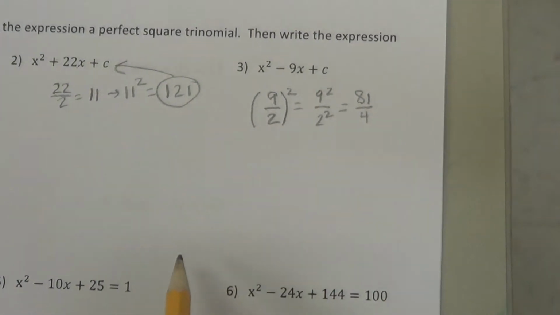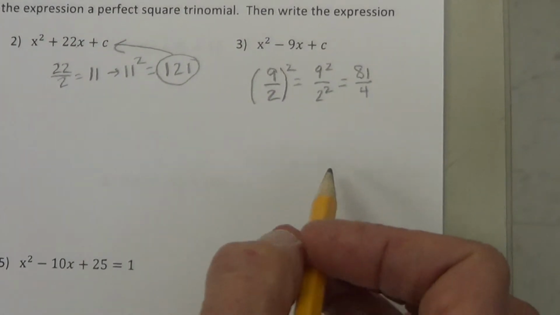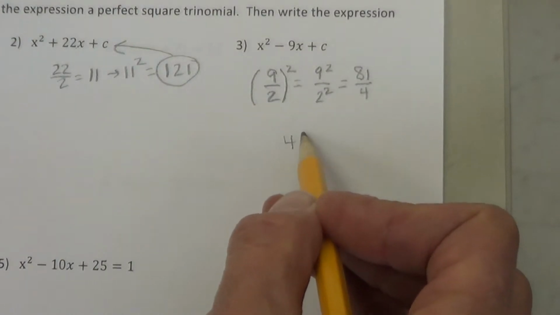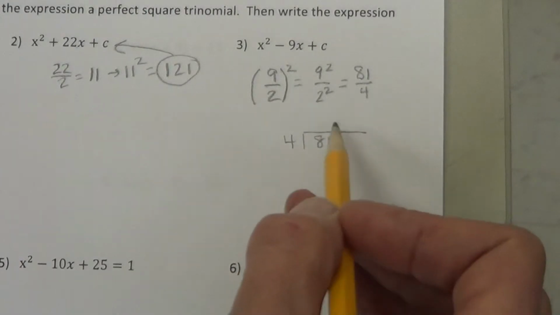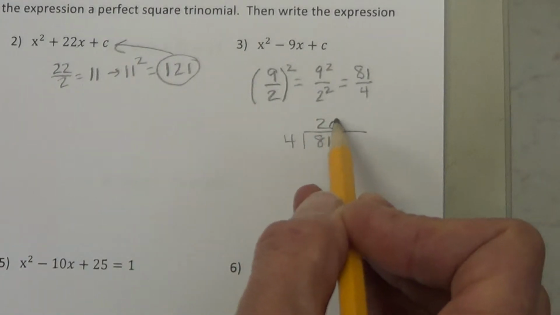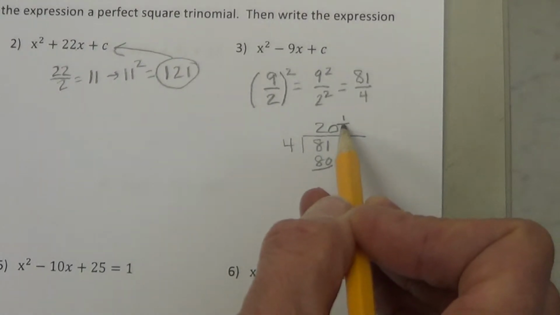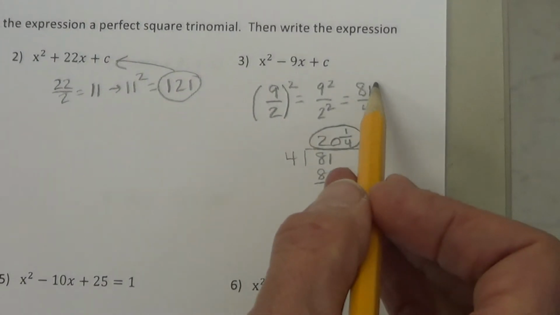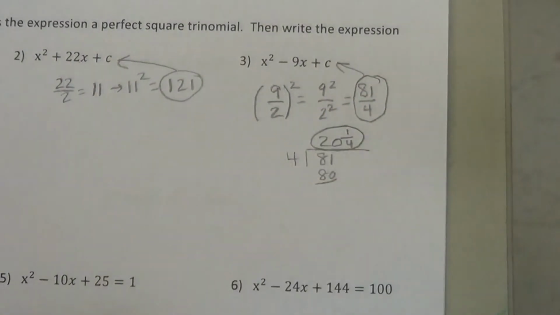And you can leave it as 81 over 4, or if you want to go ahead and break it into a mixed number, just divide 4 into 81. It'll go 20 times with 1/4 left over. So you could have 20.25 or 20 1/4, or you could leave it just as the 81/4. All of those are correct.